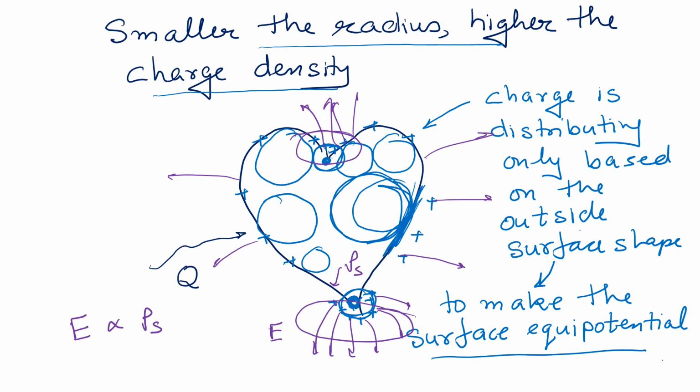This is exactly the same reason why, if you have seen, lightning rods are very, very sharp points. Why? They can concentrate the electric field right at those points, and then if there is a lightning, they can take that charge and ground it to the earth. Compared to what is surrounding it, the electric field at those points suddenly becomes very, very strong.